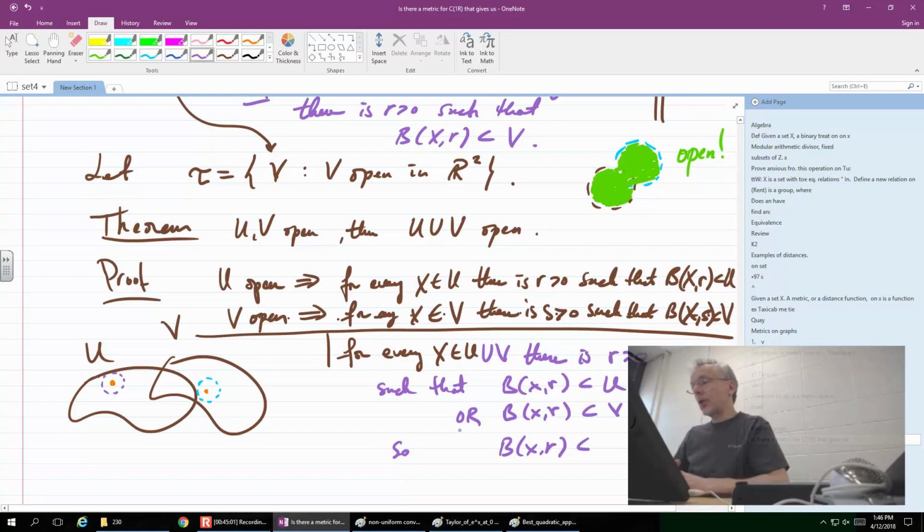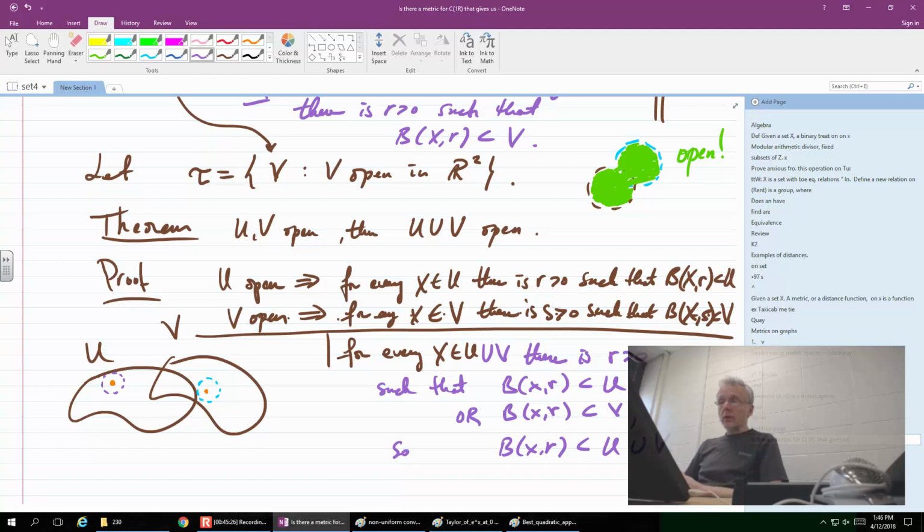If it belongs to U, then we're using number 1. If it belongs to V, then we use the other one. Or it might belong to the intersection, then we pick one at random. But regardless, that disk around x will lie in the union, right? So it lies in U, or it lies in V, which means that it will definitely, no matter what, lie in the union of the two.